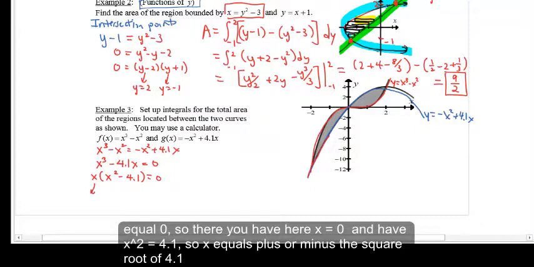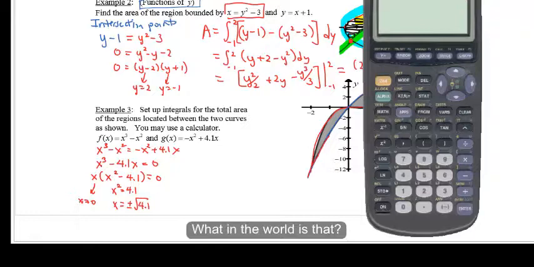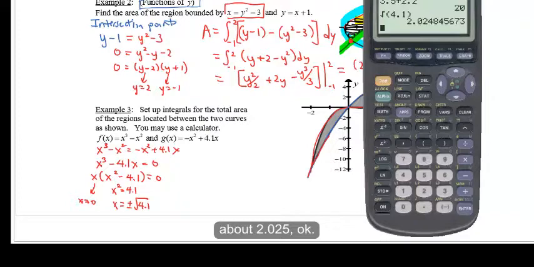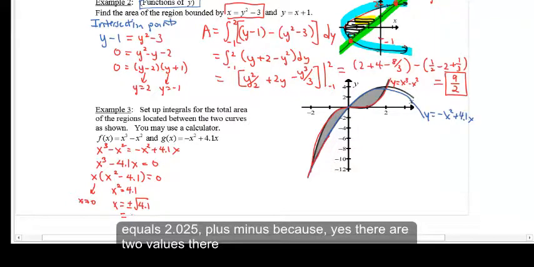And so you have here x equal to 0, and x squared equals 4.1, so x equals plus or minus the square root of 4.1. What in the world is that? About 2.025. Plus or minus because, yes, there are two values there.